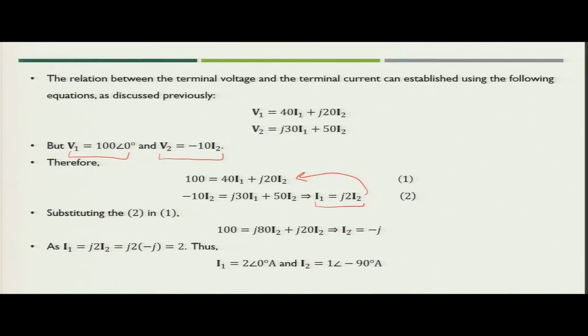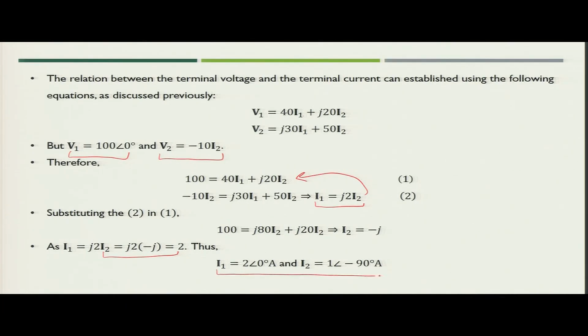Then when you simplify, you will get I2 equal to minus j, and when you put the value of I2 in equation 2, that is I1 equal to j times 2 I2, we get the value of I1 as 2.